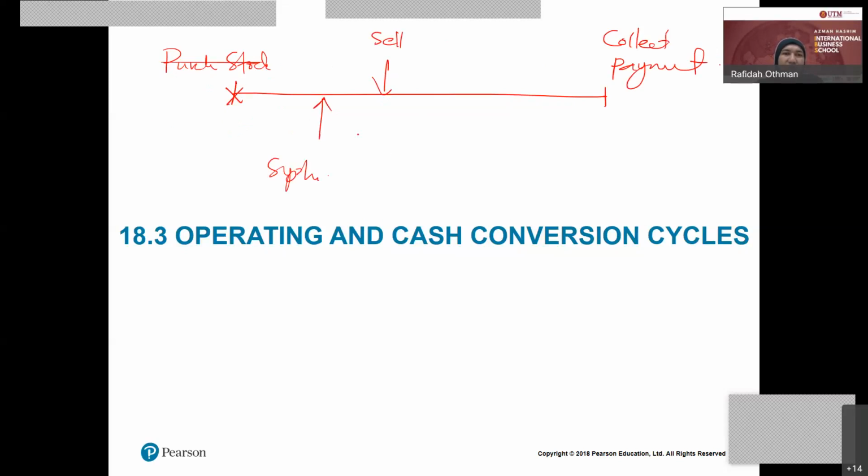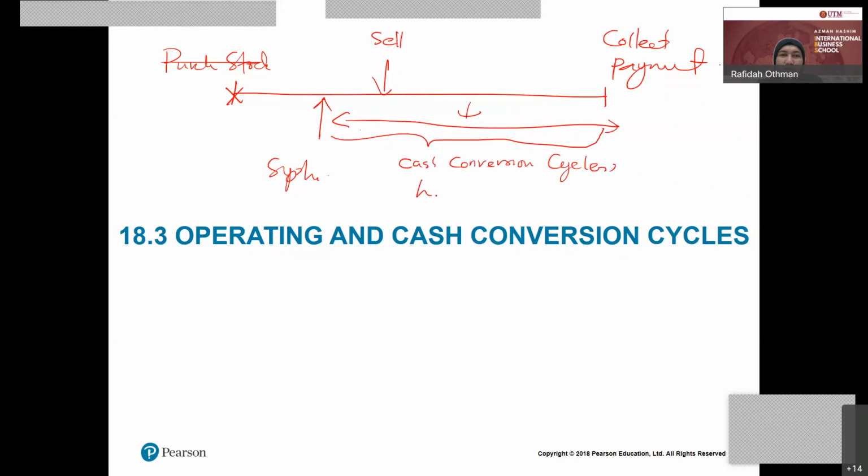So when we have very limited resources, meaning very limited money, we have to manage our cash effectively. So this is our cash conversion cycle. The longer the period here, the higher will be your burden in financing.